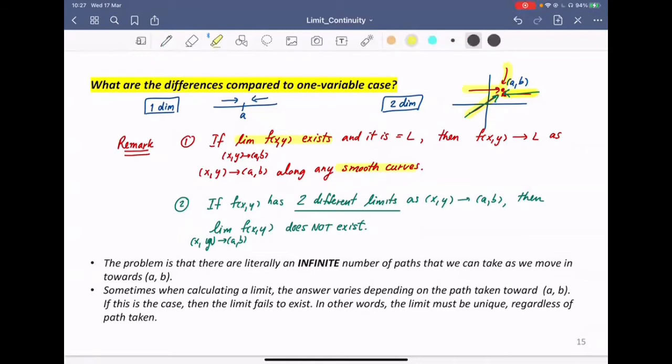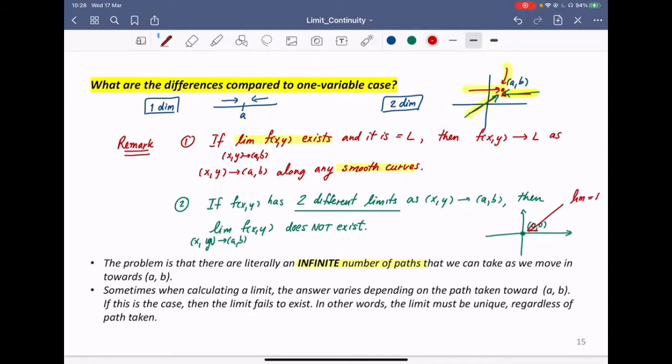Because you have an infinite number of paths to the point a, b. Suppose the point I am interested in is 0, 0. I can compute the limit as x, y go to 0, 0 from this way, and suppose I get a limit equal to 1.